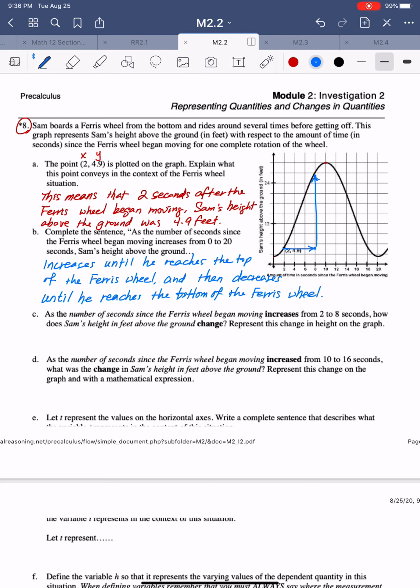Okay, so as the number of the seconds since the Ferris wheel began moving increases from 2 to 8 seconds, the change is represented as a vertical vector, which I put right here.